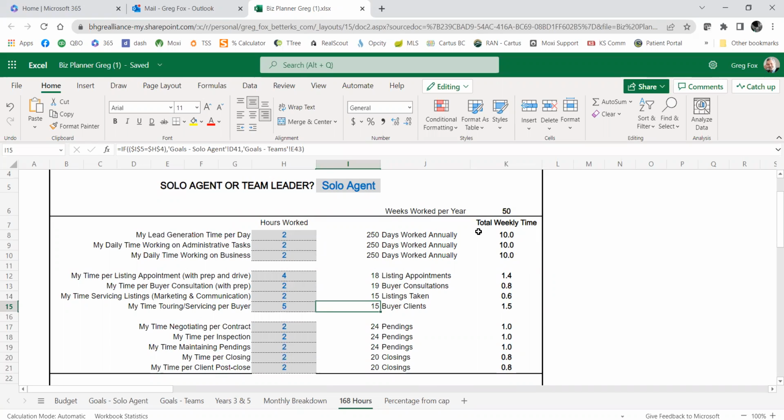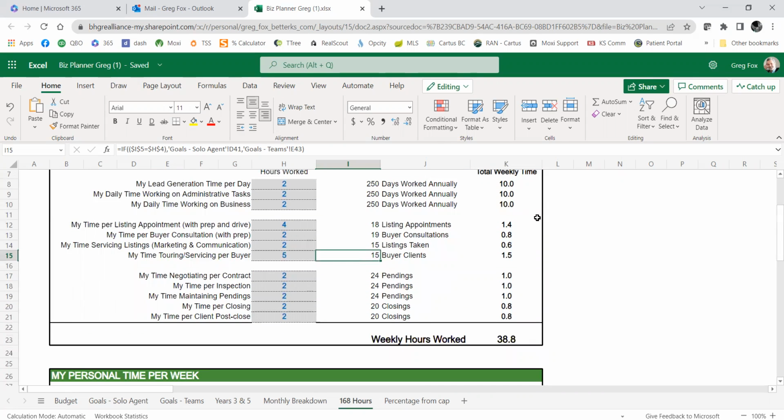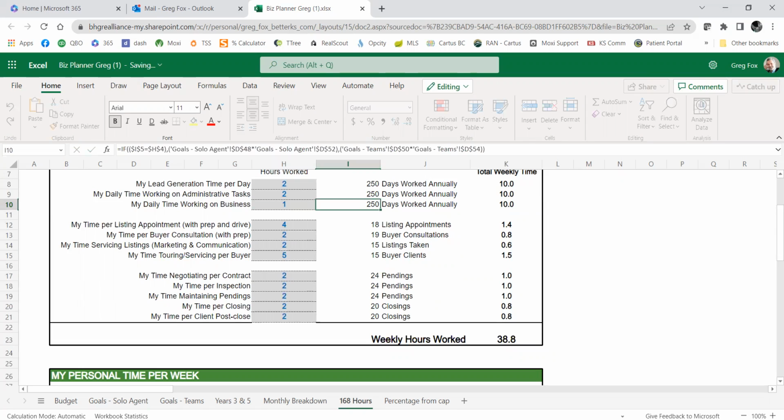And that's if I work 250 days a year. My daily time on admin. Well, we just heard Elena's cut her back, working on business. Maybe I don't need 10 hours a week. Maybe I only need 1 hour a day. See how this is going through and changing?